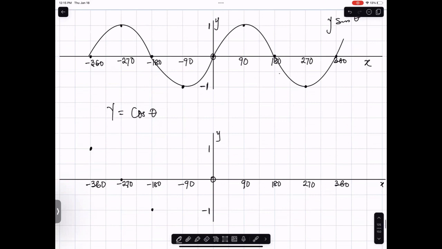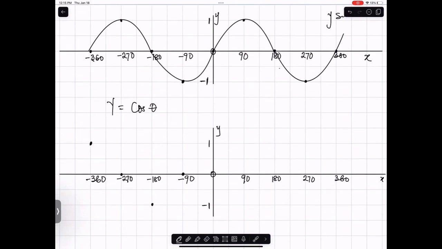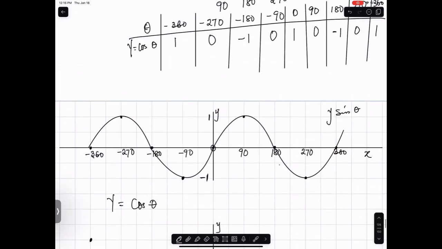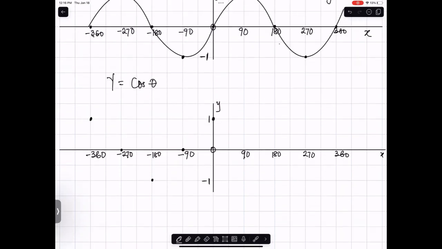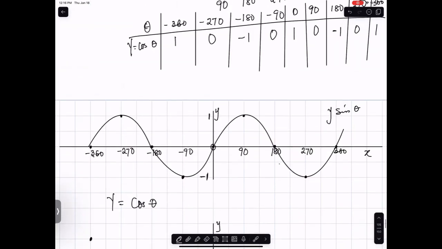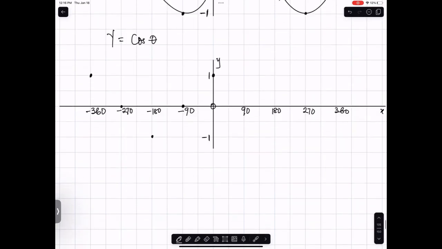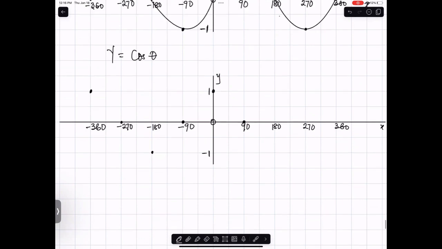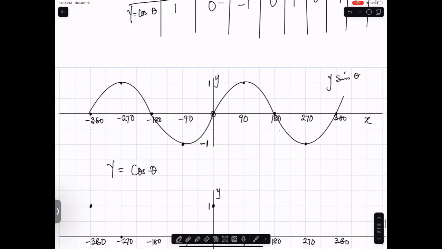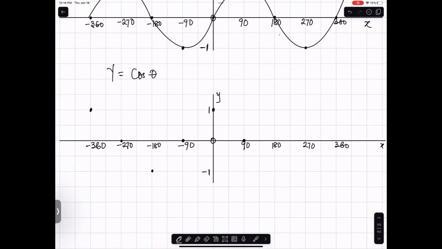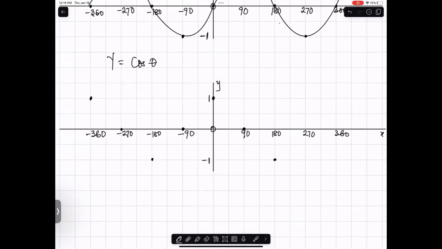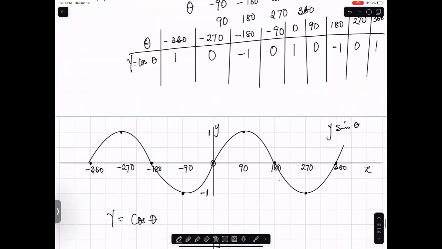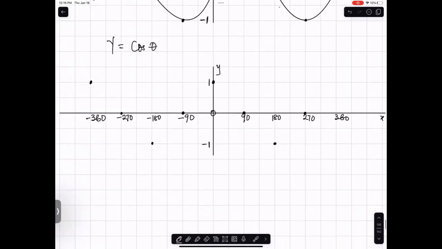For negative 90, we have it as 0. Then for 0, we have 1. Then for 90, we have 0 here. For 180, I have it as negative 1. For 270, we have it as 0. And lastly, for 360, we have 1.